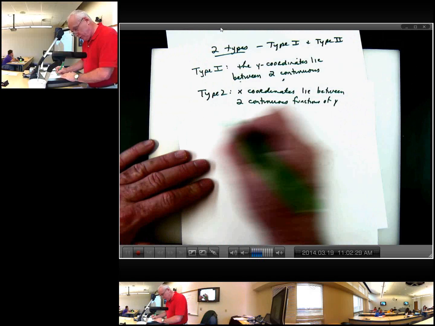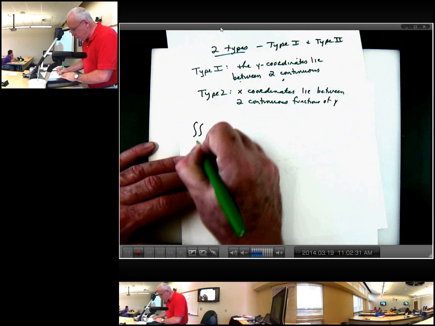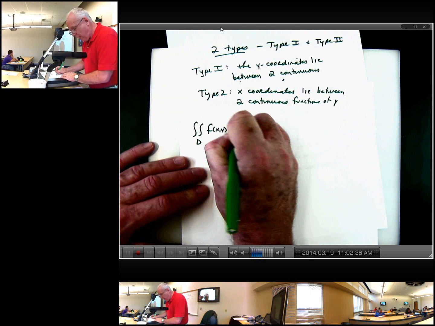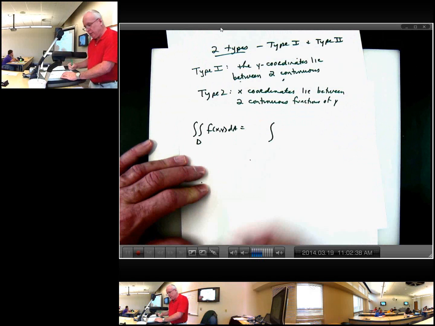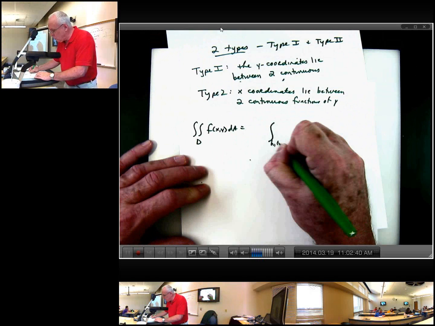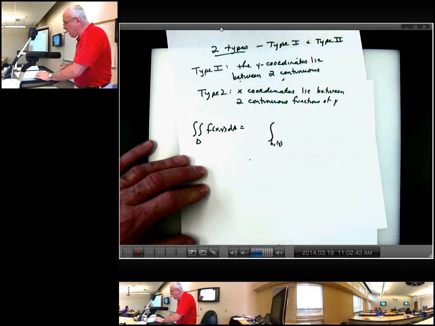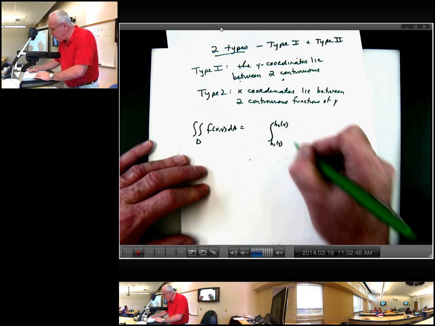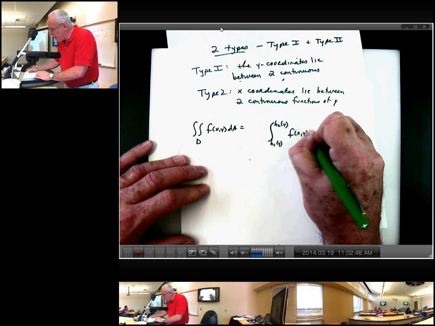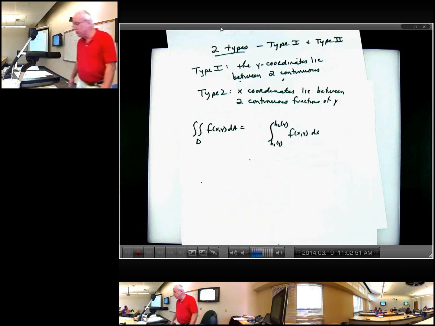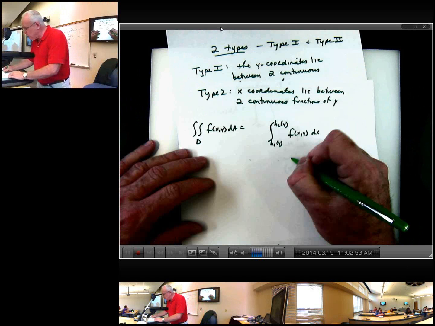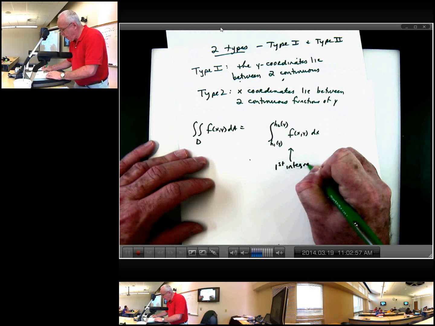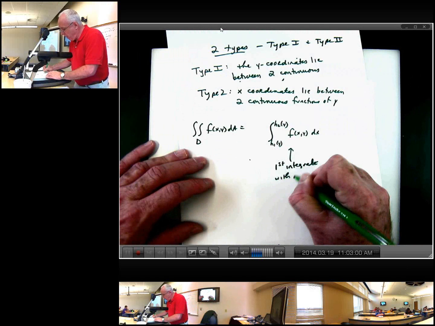So with type 2, when we do a double integral over the region, my inner integral is going to be from my lower y function to my larger y function up above. My x goes between those two, so I'm going to first integrate with respect to x.